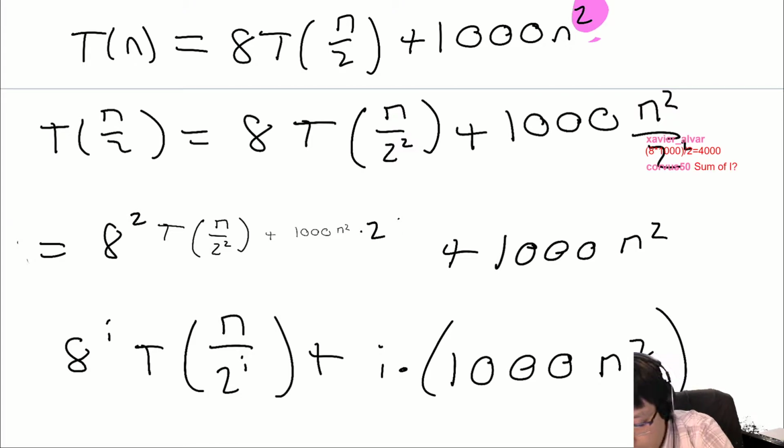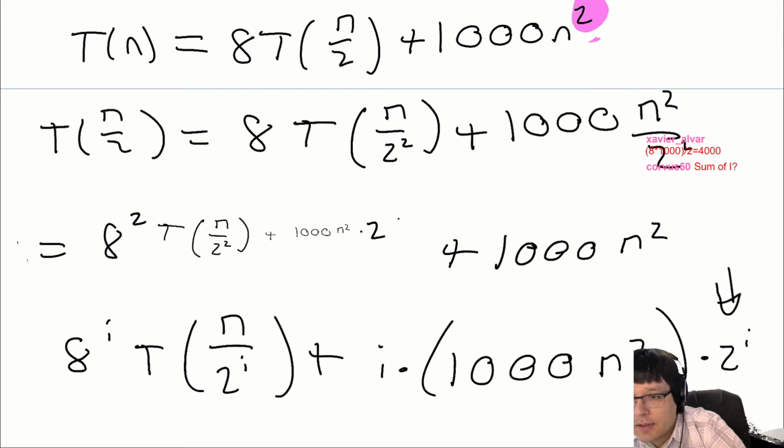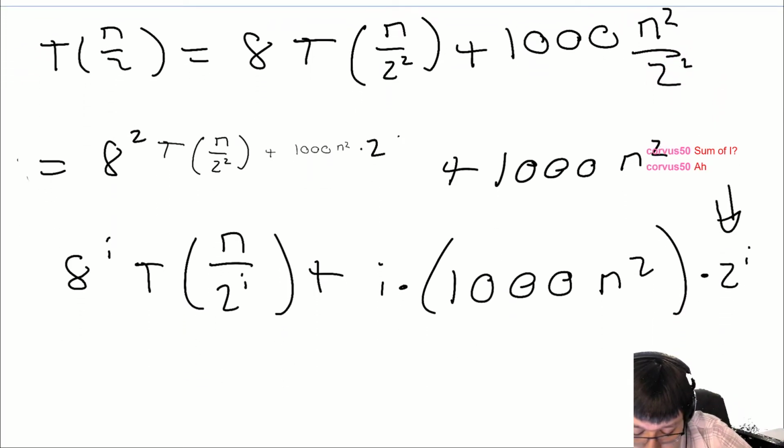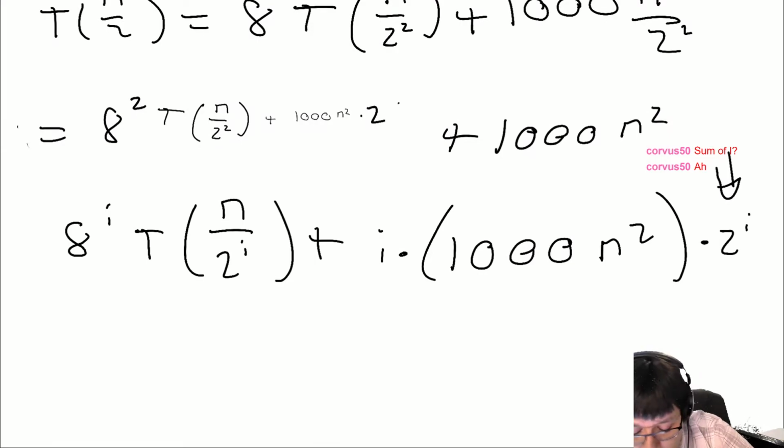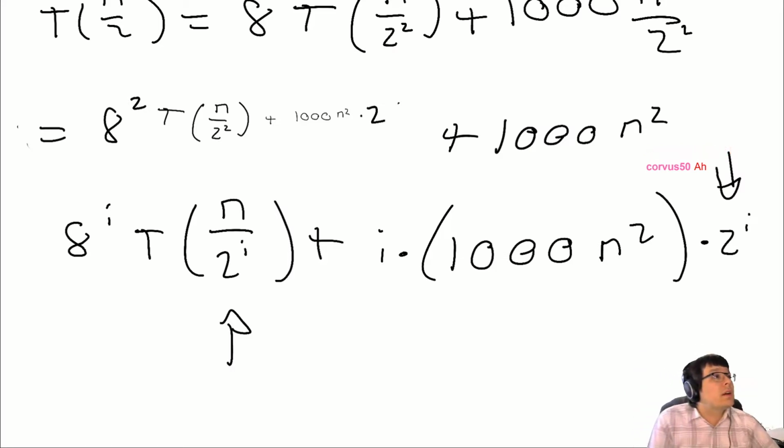So maybe times also 2 to the i. That I'm not 100% sure of, okay? It's going to be somewhere around that. But after you do that, then you can see that this thing could be like before. You can use the logs for that, and so basically come up with the solution. So yeah, if 1000 n squared instead of 1000 n cubed, then would have been n cubed.